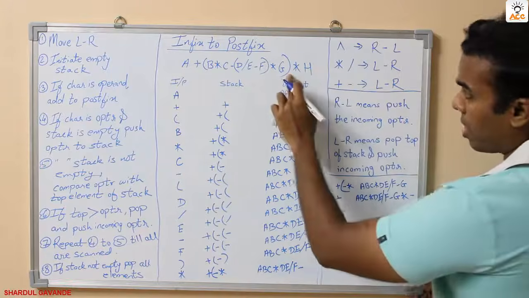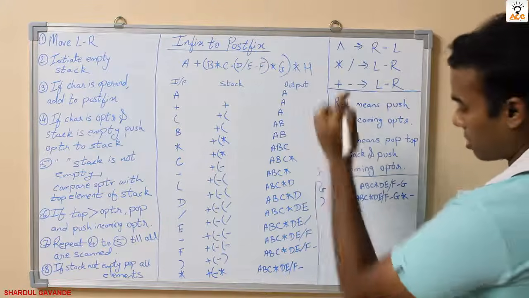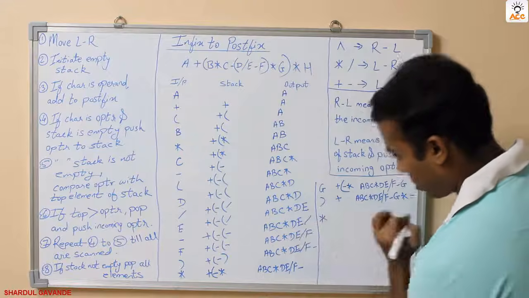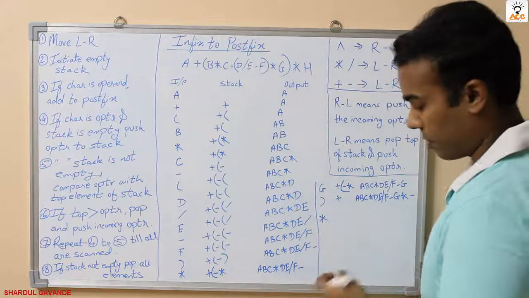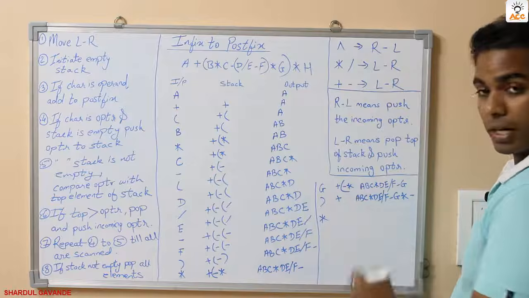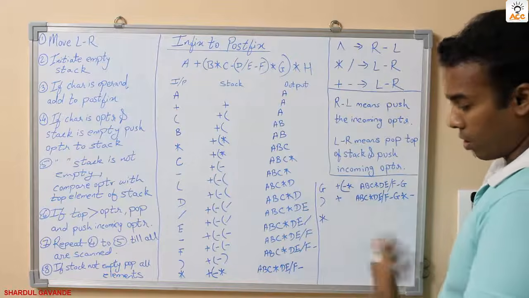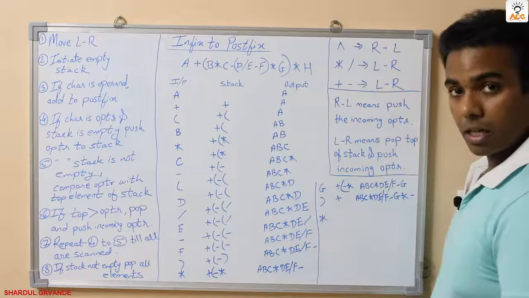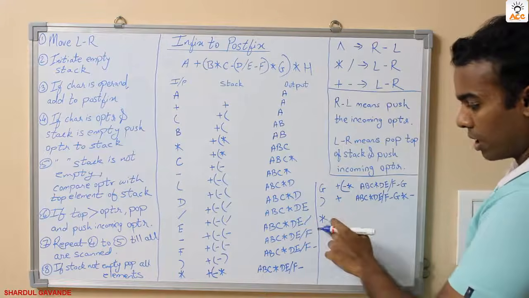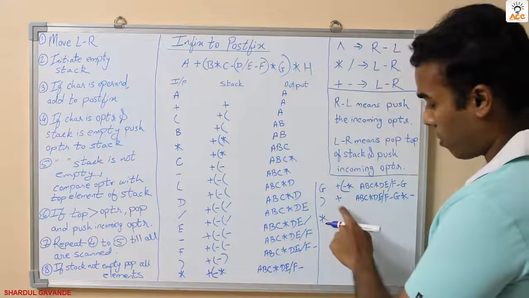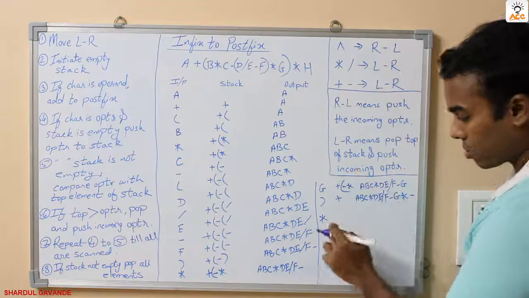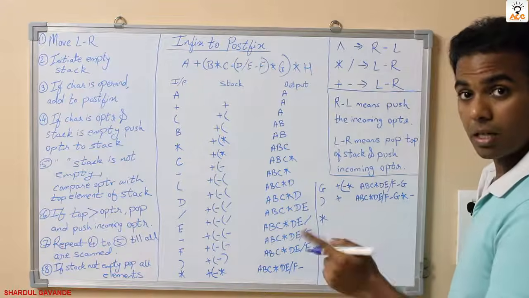After the close parenthesis I have star again. I compare whether my top operator is greater than my incoming operator, and the answer is no. The incoming operator is greater than the top element of the stack, so simply push the incoming operator onto the stack.